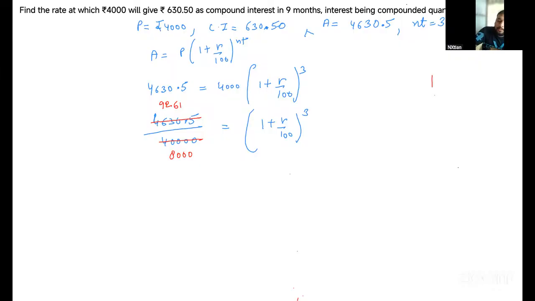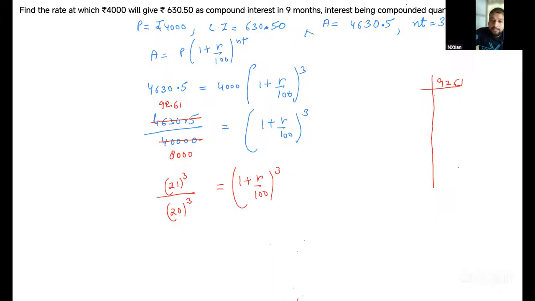So we have to find out the cube root. 9261, I believe it is 21. When you find the prime factorization, you will get that 21 cubed equals 9261, and 8000 is 20 cubed. Did you understand? Yes or no? Ask me if you didn't understand, please.